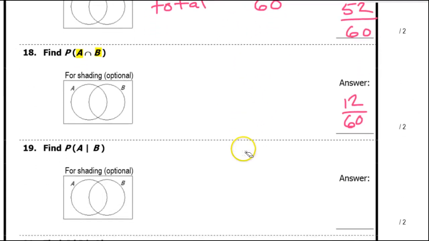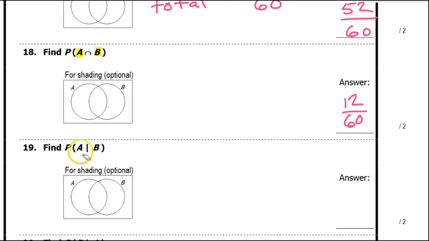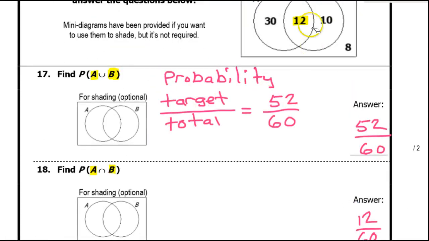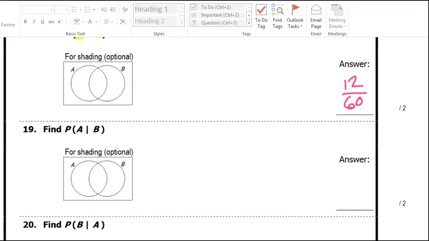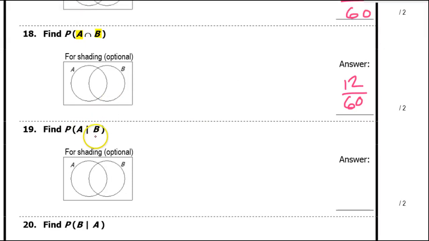Alright, anyway, number 19. The probability of A given B. That's what that stands for. I love these problems where there's a given because you know how when we do the probability, it's always target over total? Well, it turns out that the given is always the new total, all right, which makes it easy.